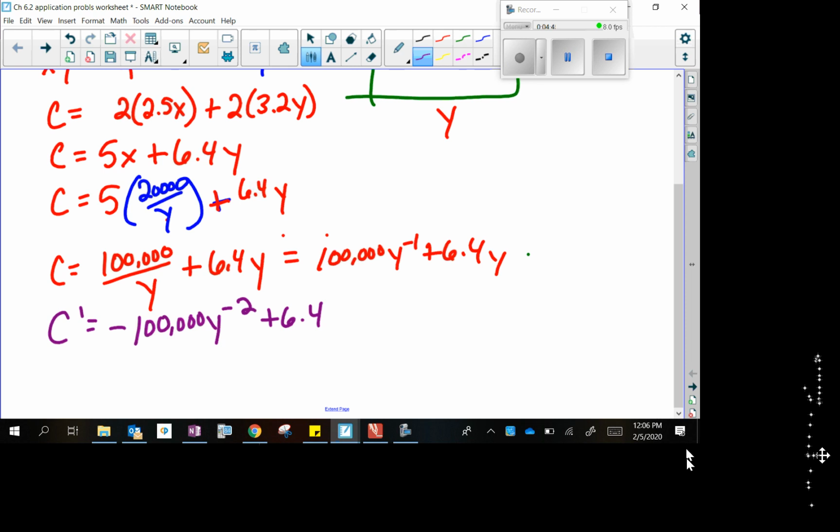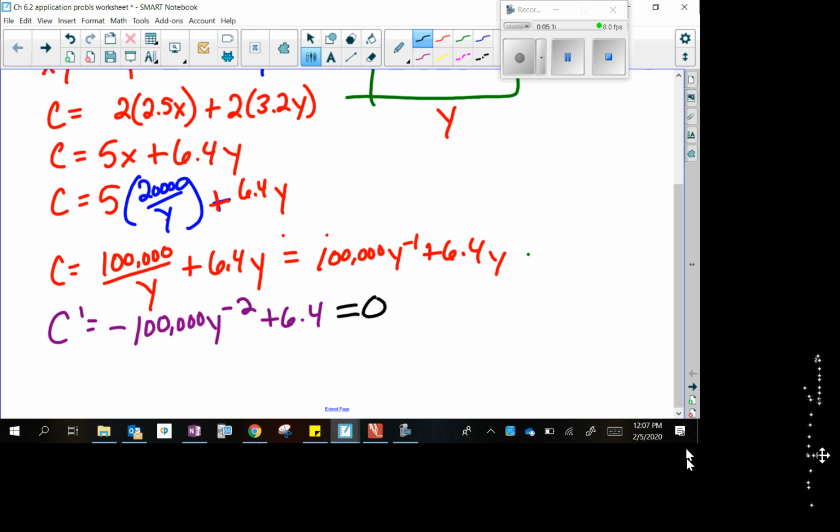And now we do what? Well, we set it equal to 0. Even though I think you all know what to do, try to write out the steps, because setting it equal to 0 forces you to think about what goes to one side and what doesn't. Otherwise, you end up solving it in a weird way, and a lot of times your signs get messed up.